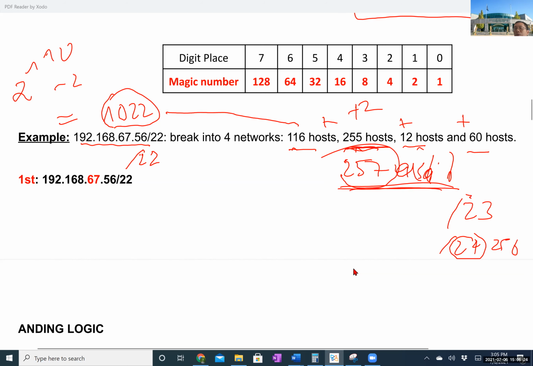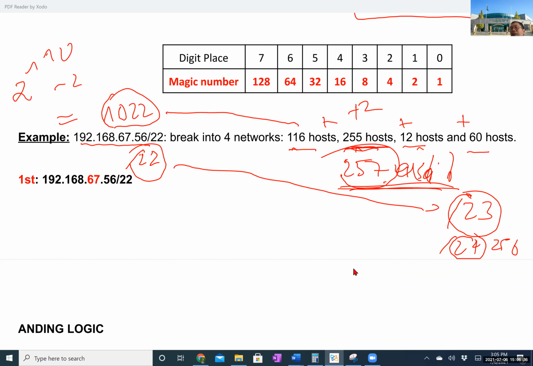So if you are working with 9 host bits, that means you have /23. At the beginning you have /22, so when you move to /23, you only borrow 1 bit. And remember that when you borrow 1 bit, you are only able to break it down into 2 subnets.